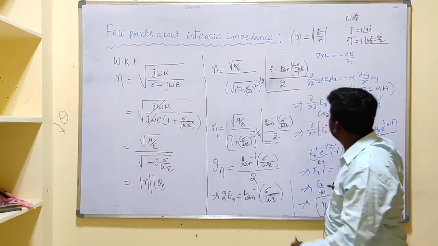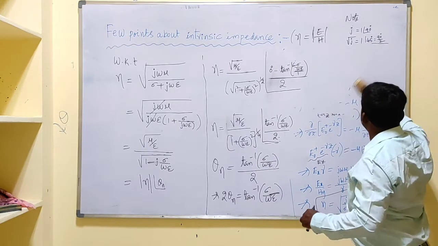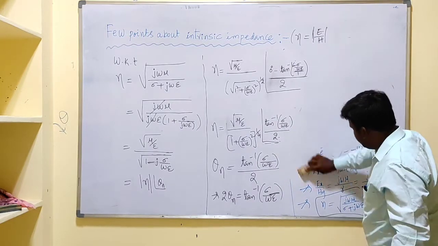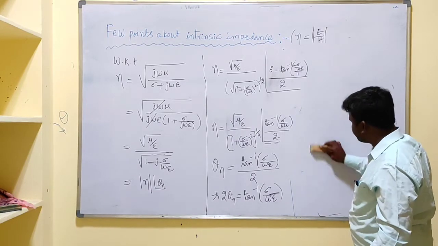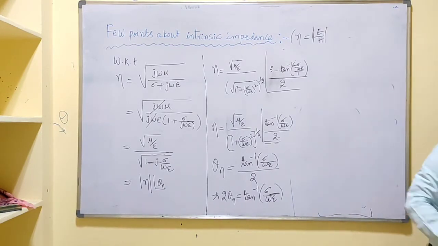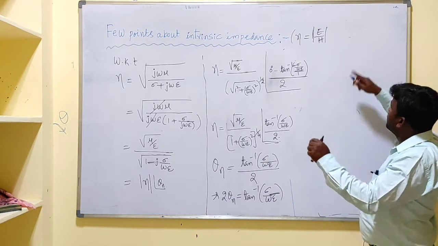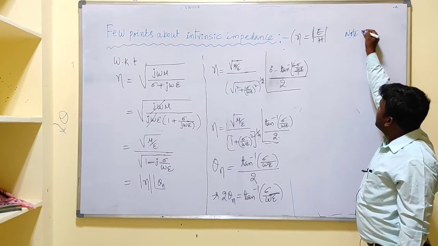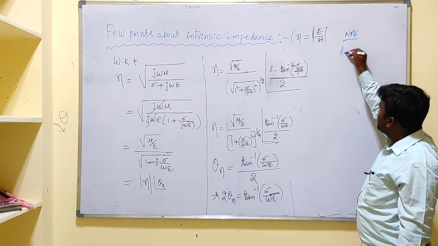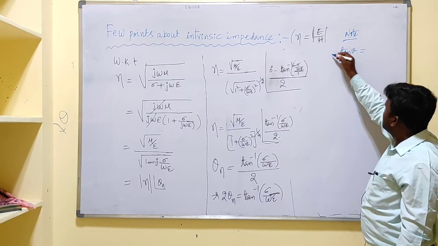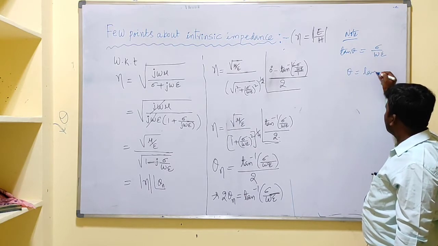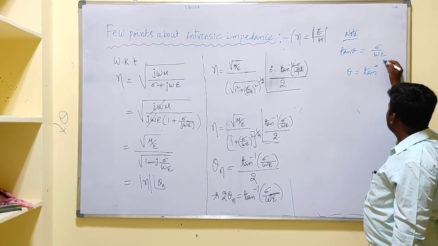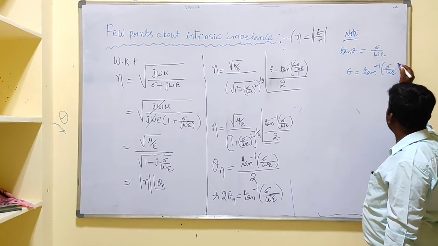I will rub this part. We know the loss tangent is defined like this. Note, we will prove loss tangent, that is tan theta equal to sigma by omega epsilon, where theta equal to tan inverse of sigma by omega epsilon.